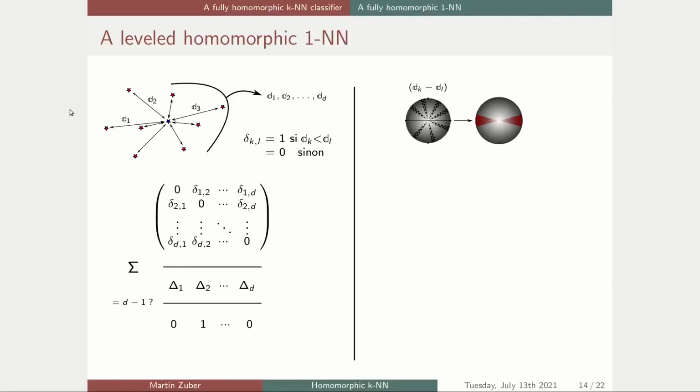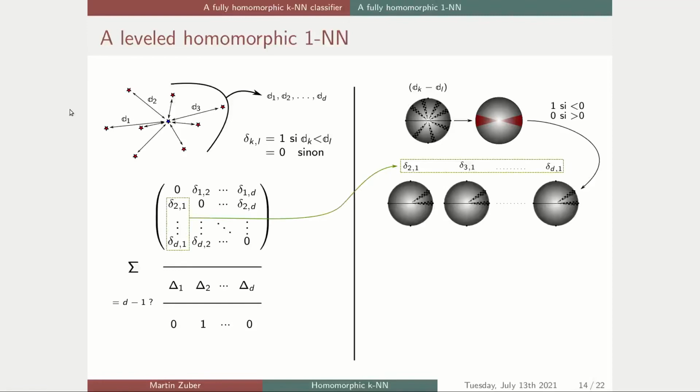Then we apply a sign bootstrapping operation in order to get our delta matrix. And we're going to extract here the first column as an example. We have a number of delta values here which can either be equal to 0 or 1, which is actually 1 over something encoded in the torus.